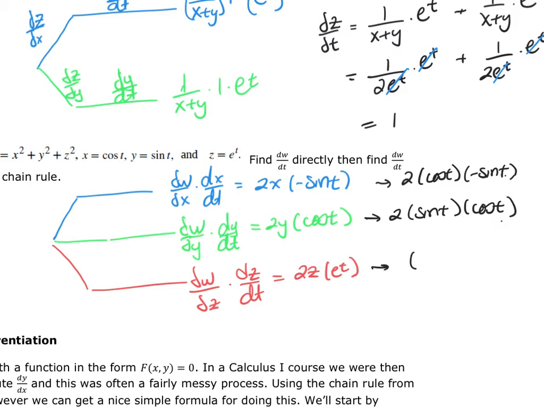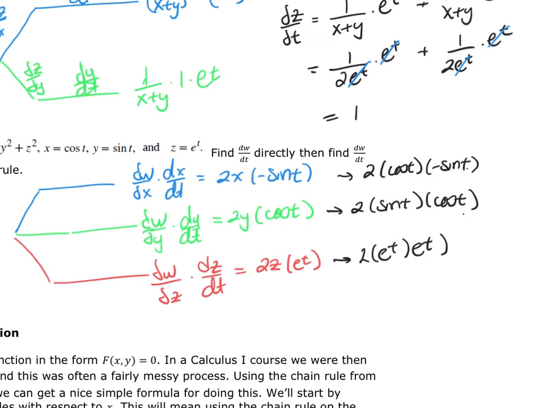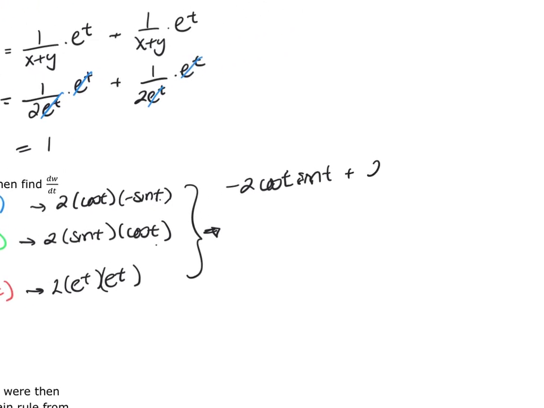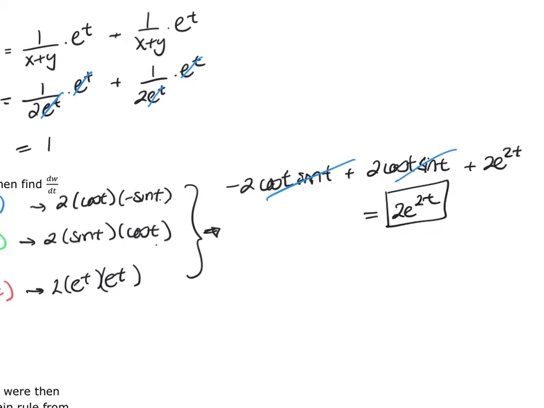And this is going to be 2e to the t multiplied by e to the t. So all these get added together: negative 2 cosine of t sine of t, plus 2 cosine of t sine of t, plus 2e to the 2t, and we can see that these cancel themselves out, and my final answer is 2e to the 2t.